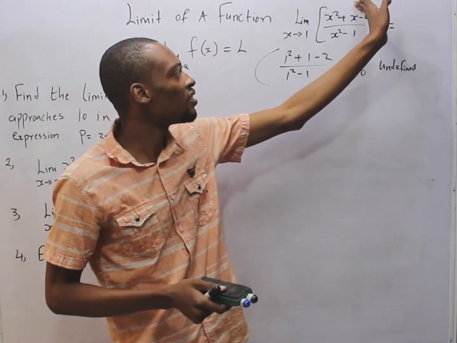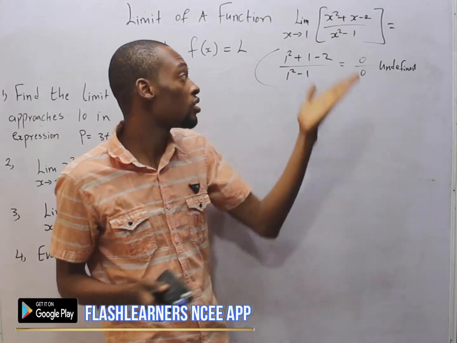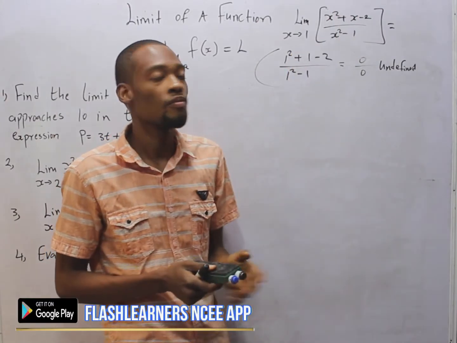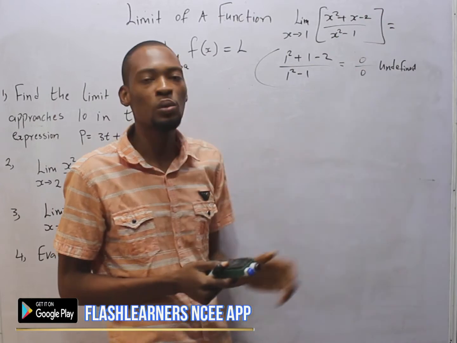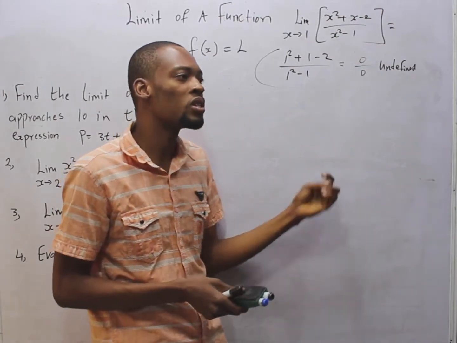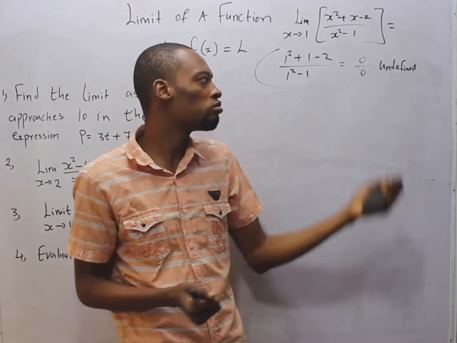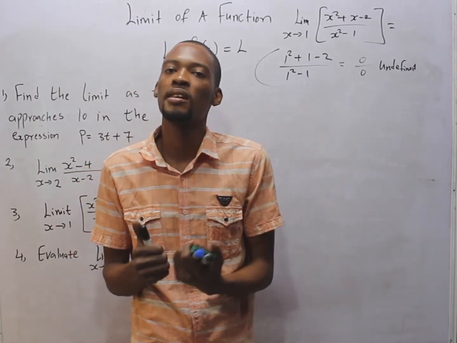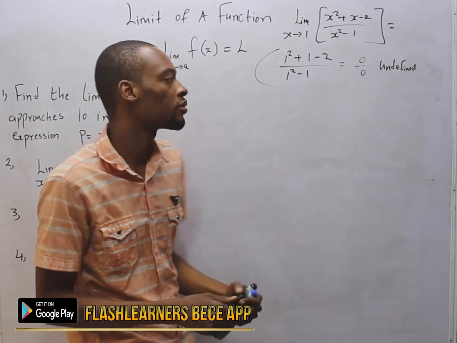Looking at this, this is simply a quadratic expression, s squared plus s minus 2. So we can simply factorize. I have a video on quadratic equation factorization. I will explain the steps. If you don't understand, I will share a link to that video.